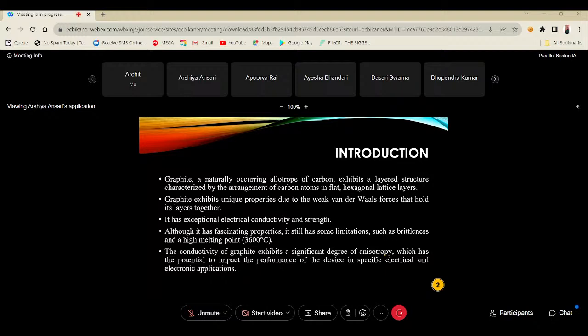It has exceptional electrical conductivity and high strength. But it has some limitations, like it is very brittle, it has a high melting point around 3600 degrees Celsius, and its conductivity has an anisotropy. So it can be used for different electrical and electronic applications.